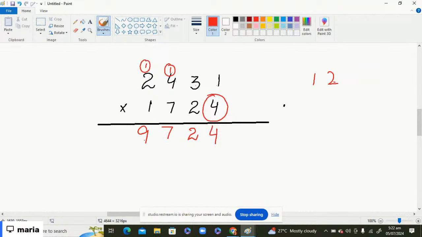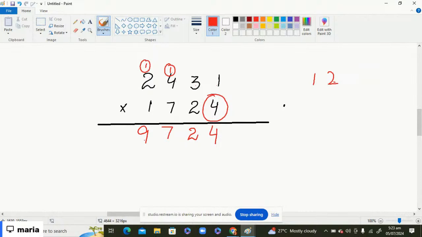Understand? Again I'm going to tell you, first of all multiply 4 with all the digits. 4 times 1 is 4. Then 4 times 3 is 12. You put 2 down here and 1 goes up. Then 4 times 4 is 16. There is 1 carry, you add up and write the answer, that is 17.